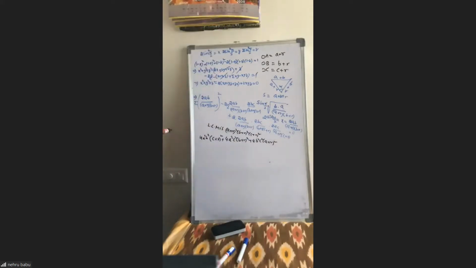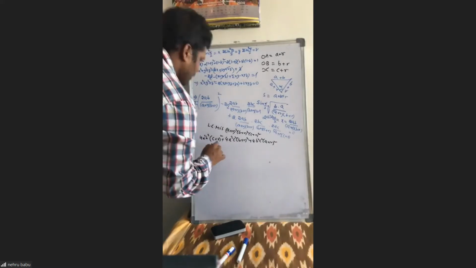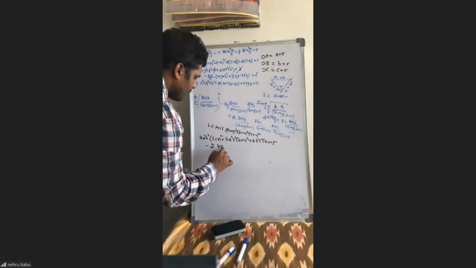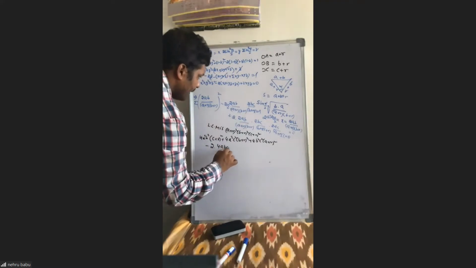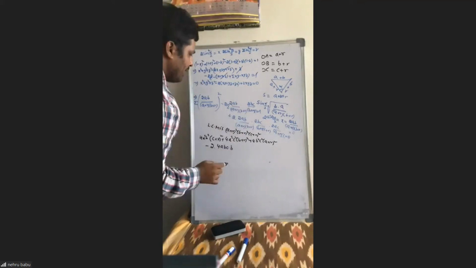The first part minus the second part: 2 times of this result is 4abc into b, that's 4ab square c.